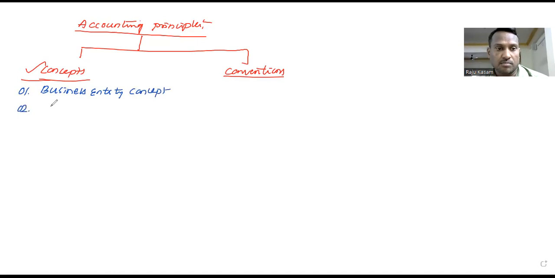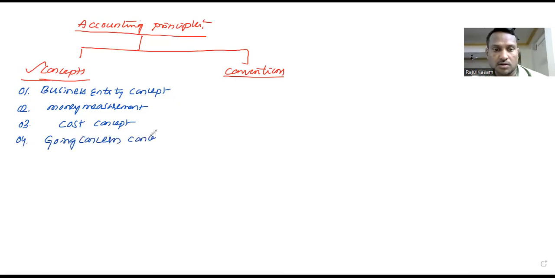Next, money measurement concept. Third, cost concept. Fourth, going concern concept. And fifth, realization concept.